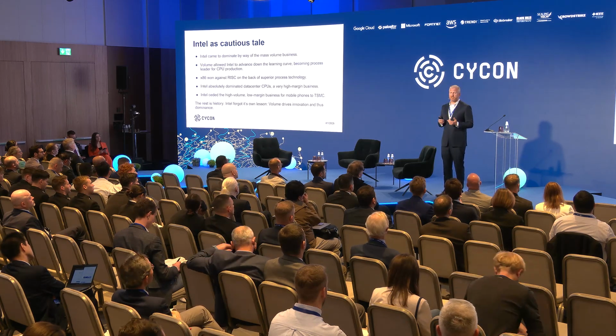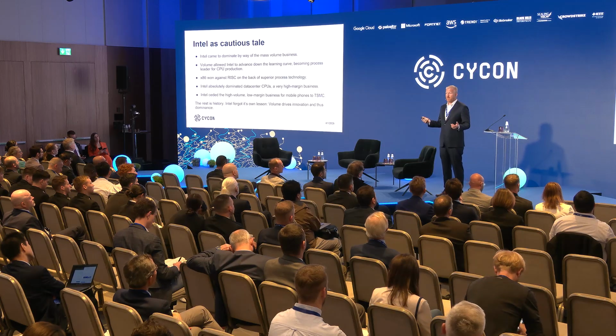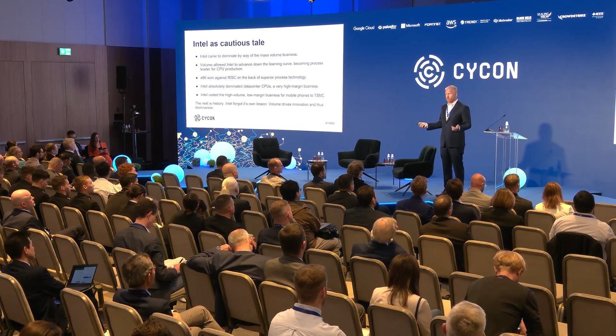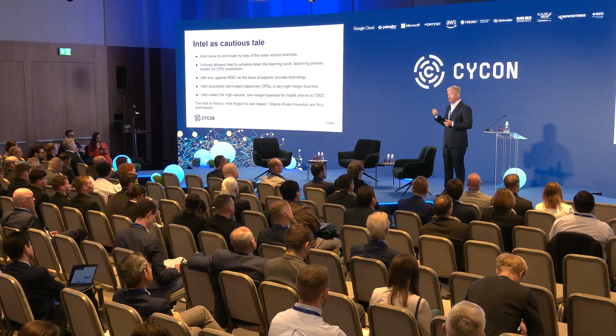So x86 largely won the entire market by Intel having obtained the volume business ahead of time and then advanced down the learning curve. Now, what is fascinating is that the same mechanism that allowed Intel to gain dominance was then forgotten inside Intel. So by the late 2000s, early 2010s, Intel was absolutely dominant in server chips.